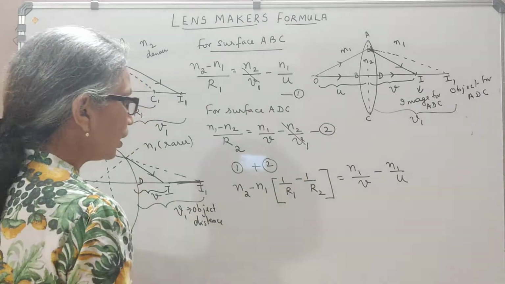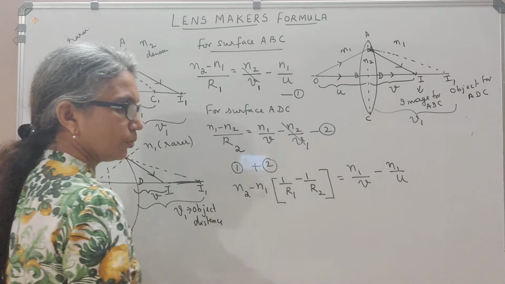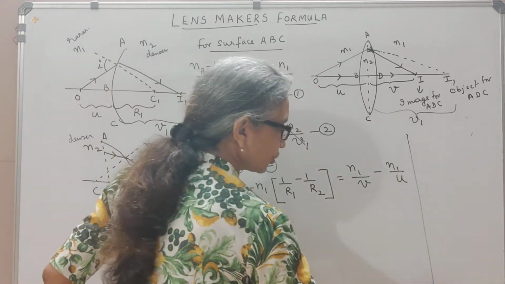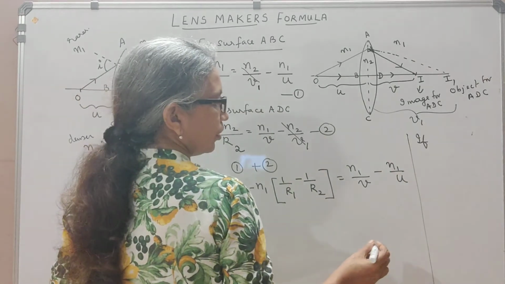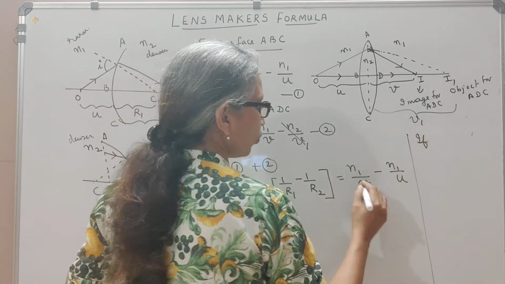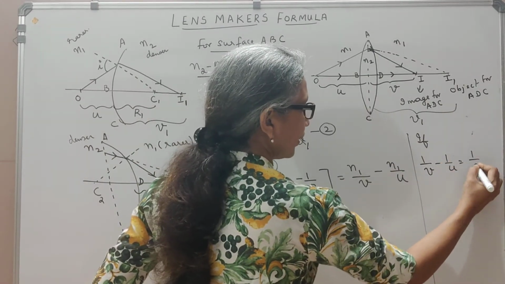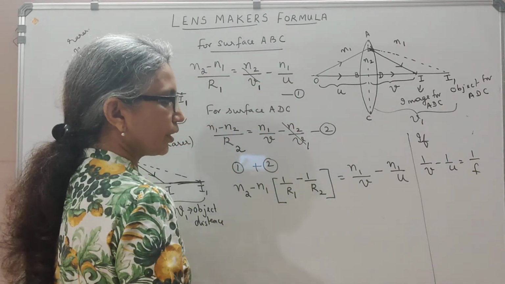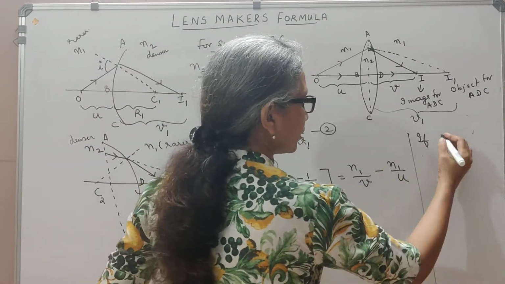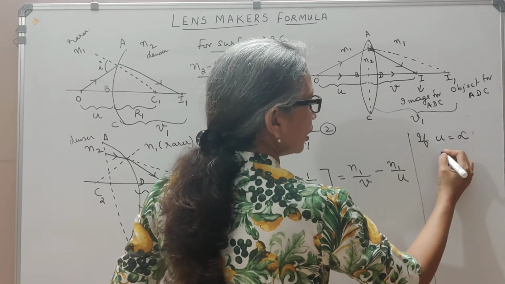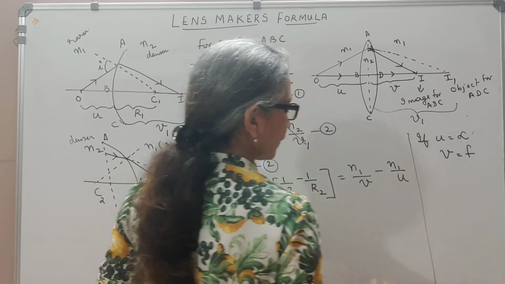Okay. Now here you see V and U. So what is 1 by V minus 1 by U? We know it is equal to 1 by F, right? How can we take that? If your object is at infinity, your V will be at the focus.